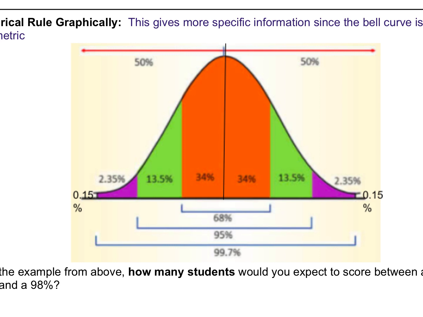Then 95% of my data is going to fall within two standard deviations left and two standard deviations right. The middle two are both 34, because we already said those add to 68. So all that would be left to make this symmetric is 13.5 on each side. That all adds up to 95.